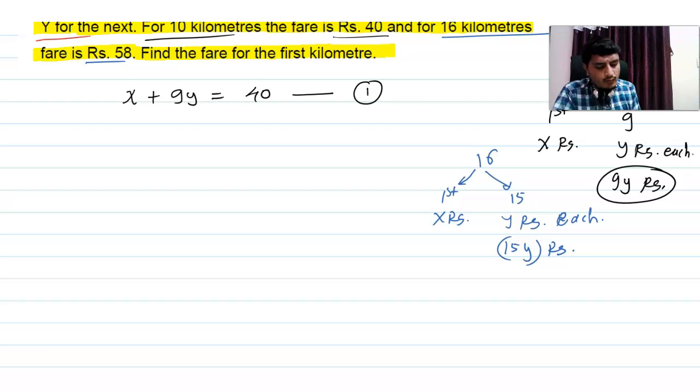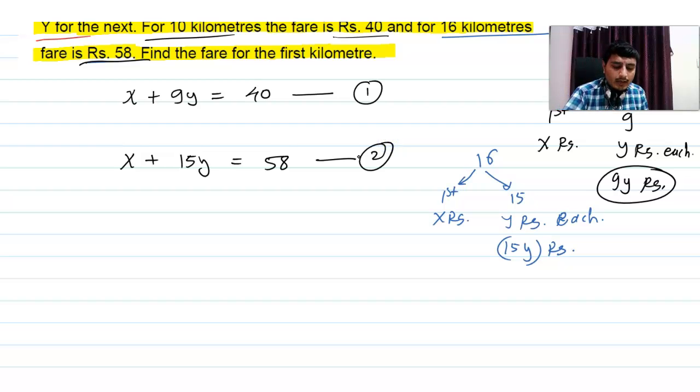So the total fare is x for the first kilometer plus 15y for the next 15 kilometers, which is 58, and we call it equation number 2. Solve equations 1 and 2 simultaneously, so that we get the value of x, the fare for the first kilometer, and the value of y, the fare for each next kilometer.